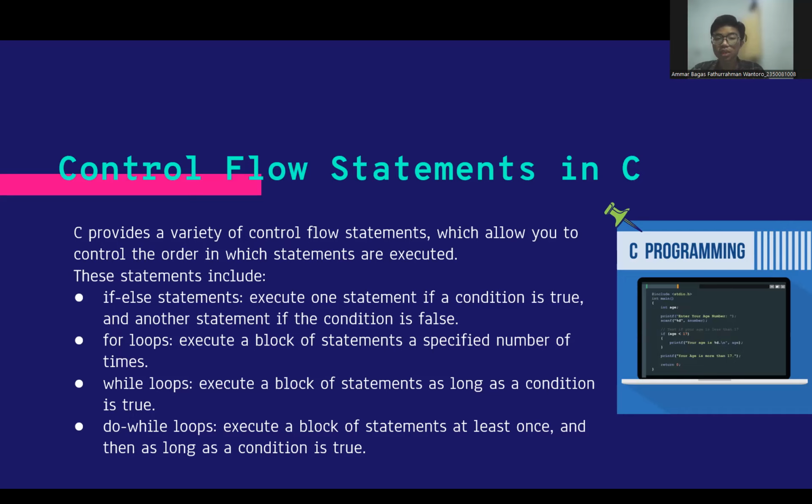Do while loops execute a block of statements at least once, and then as long as a condition is true. So for loops, while loops, and do while loops are the same but a little different. They are all for looping.